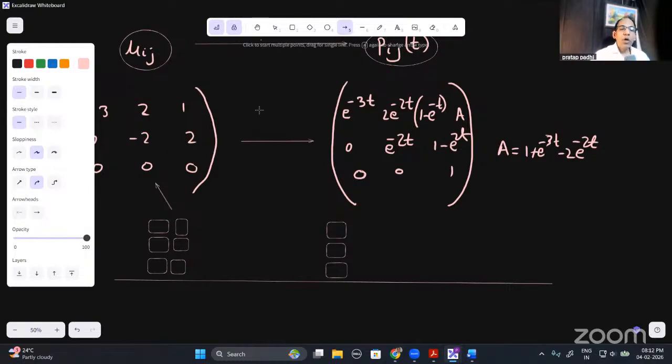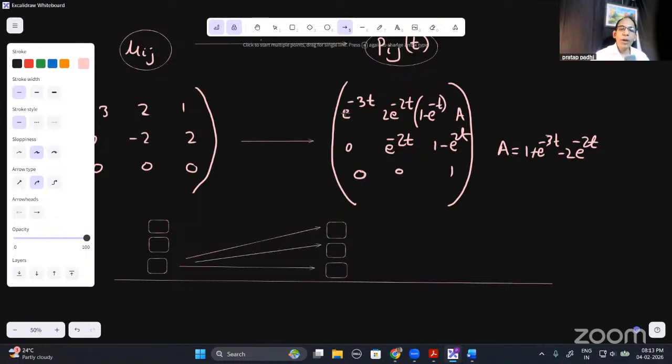But we wanted to find something, and now we found these. Let me erase these 3 states. We are able to find these probabilities.